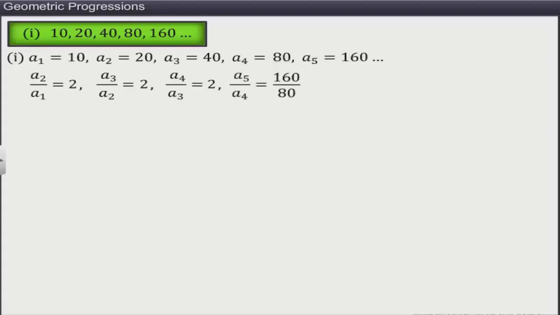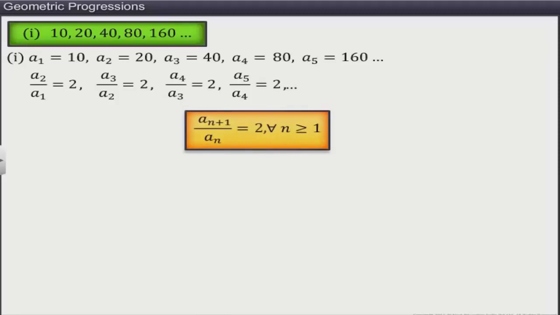Hence, we can generalize that the ratio of the n plus 1th term to the nth term is equal to 2 for all n greater than or equal to 1. It implies that n plus 1th term can be obtained by multiplying the nth term with the constant 2.